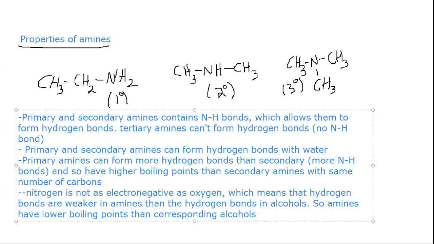Nitrogen is not as electronegative when compared to oxygen. So hydrogen bonds in amines are weaker than in alcohols. What it means is the boiling point of amines is lower than the boiling point of alcohols. Please copy these.